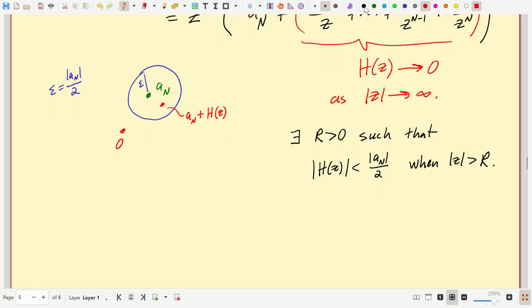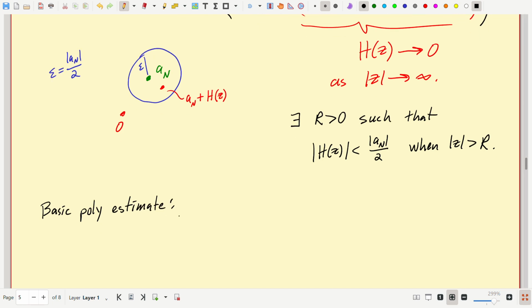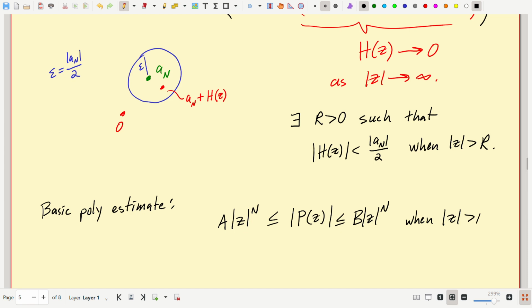And so I see that my polynomial is bigger. This is the basic polynomial estimate. I would get that A times the modulus of z to the n is less than or equal to the modulus of my polynomial, which is less than or equal to B times the modulus of z to the n, when the modulus of z is bigger than r.